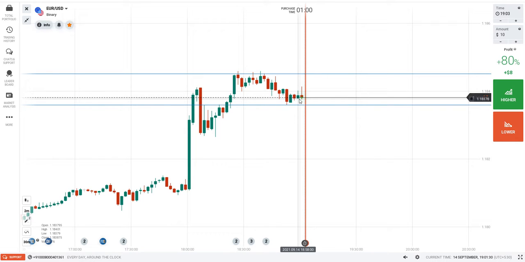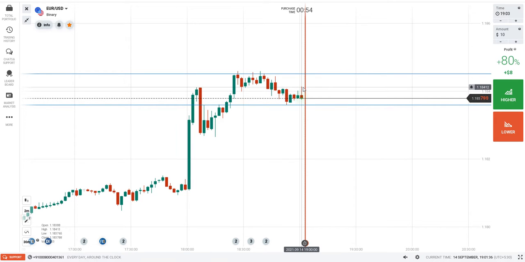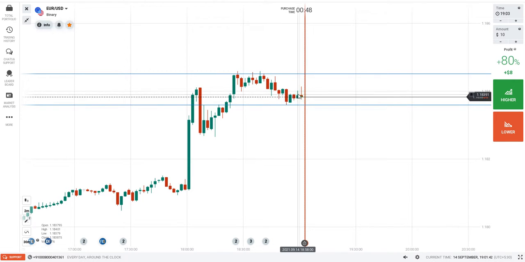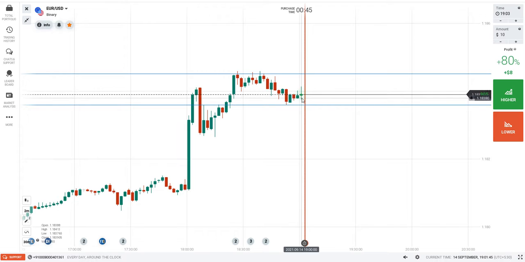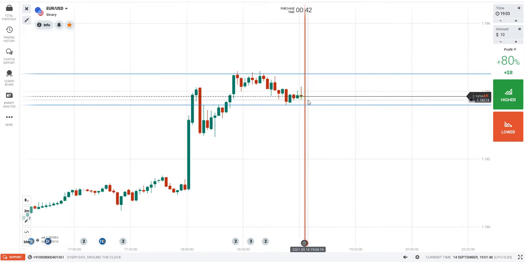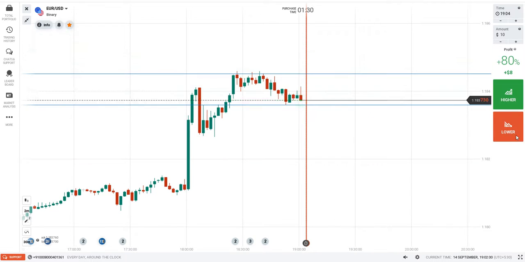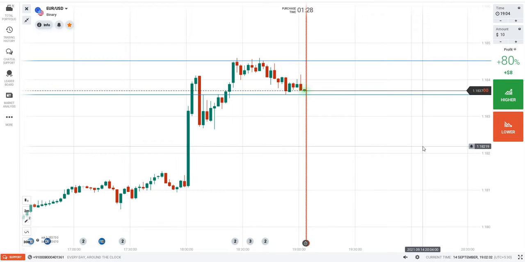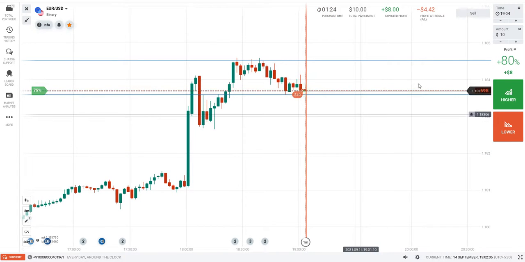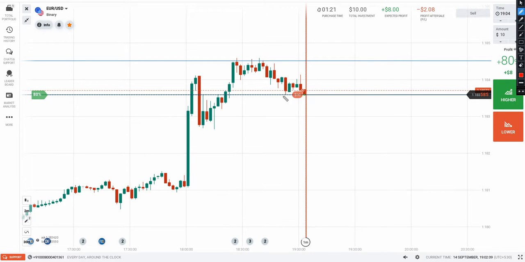There is a rejection from buyers. Buyers entered very strongly to this area. There is a selling pressure as well. So I put a put option here because as we can see the market is making higher low.